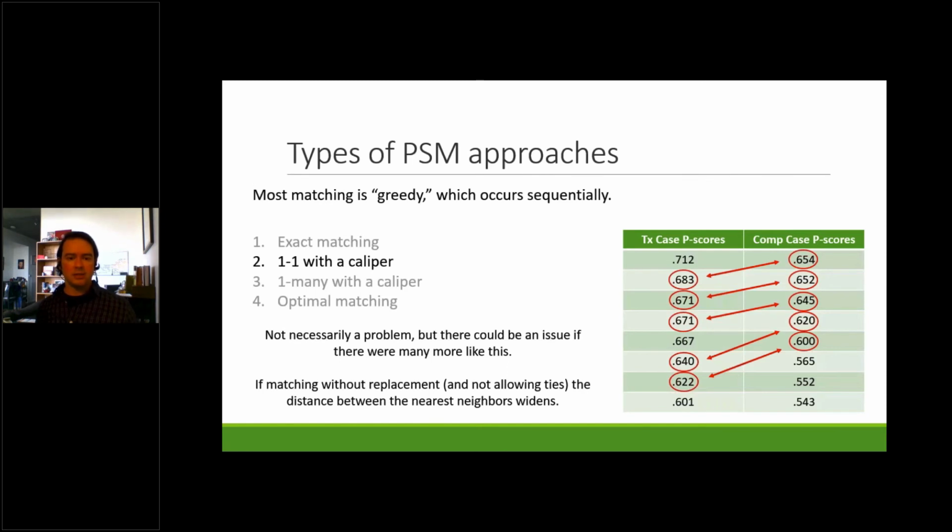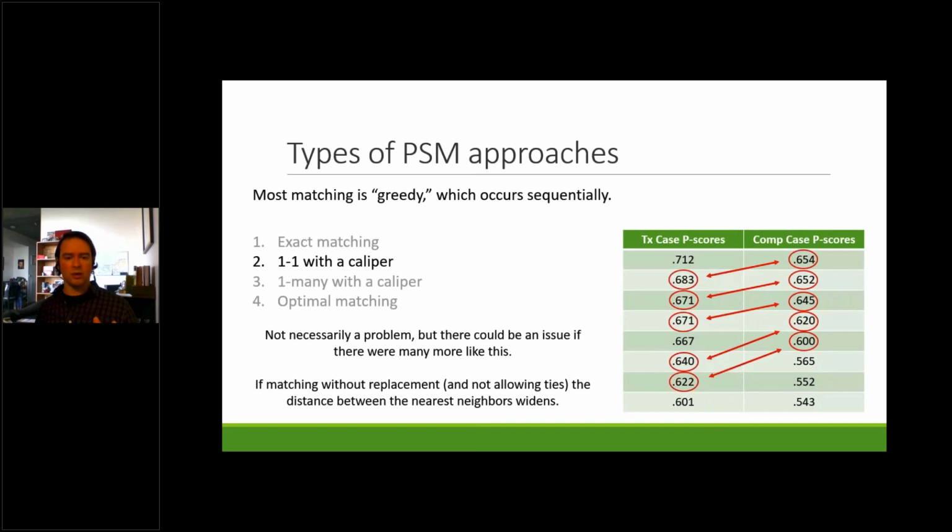Most matching is known as greedy matching, which occurs sequentially. Thus, it is possible that a one-to-one matching with a caliper and no replacement will force this situation that you see here. This isn't a problem per se, but you can see that there could be an issue if there were many more like this.